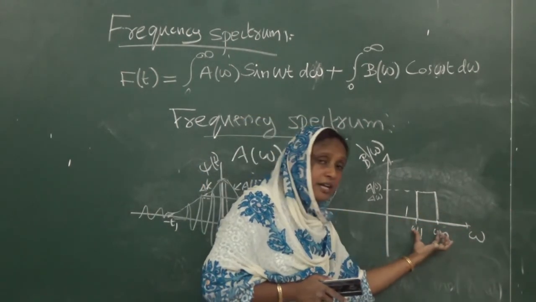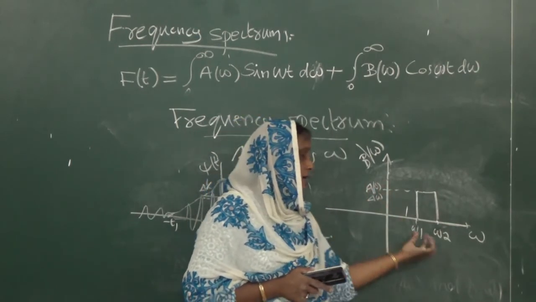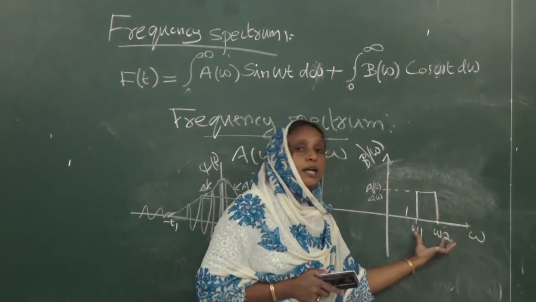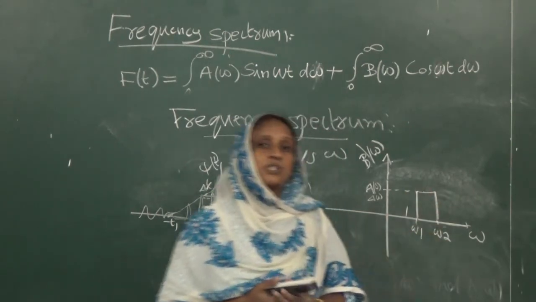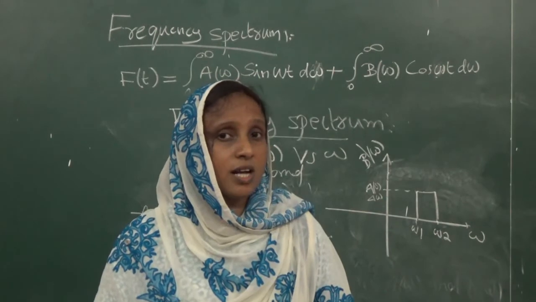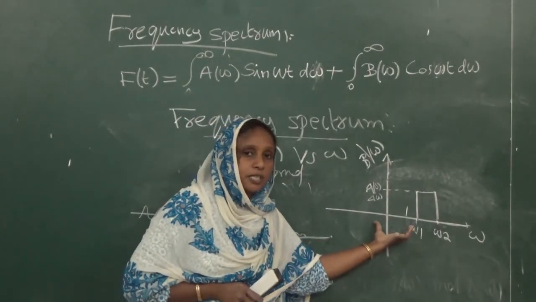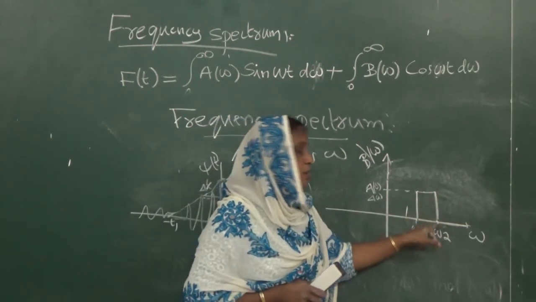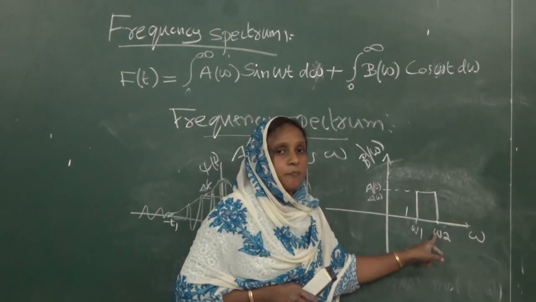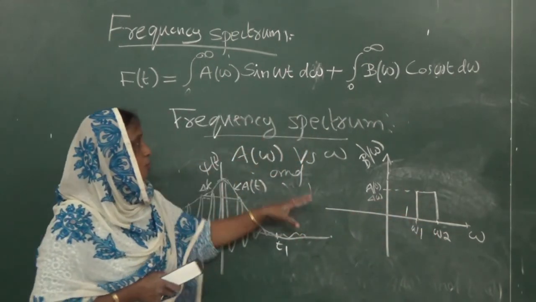But it has a finite, constant value, A of 0 by delta omega, between omega 1 and omega 2. So this spectrum looks like a square, and it is called a square spectrum. This frequency spectrum is called a square spectrum because its shape looks like a square. Okay, so I think that you got how to draw a frequency spectrum.